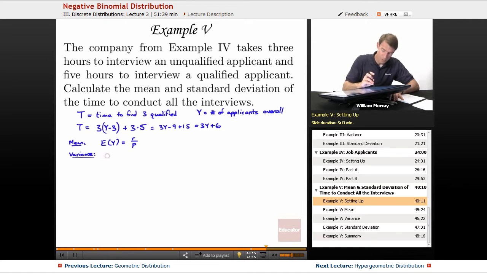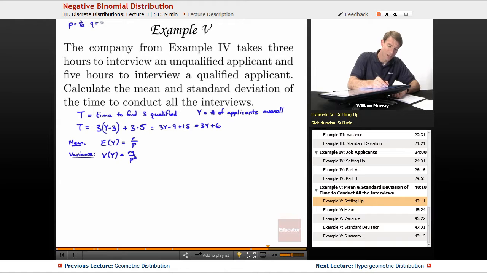The variance, V of Y, is rq over p squared. Now, we already have our values for r and p and q. Let me remind you what they are here. The p was the probability that any given applicant has the skills. So that's 10%. That's 1 over 10.